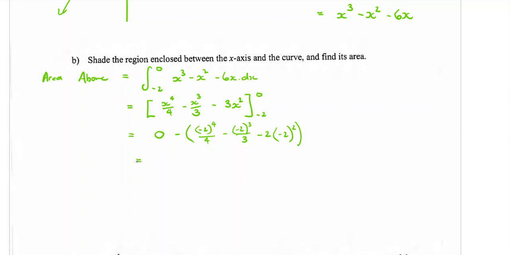Just be careful typing this stuff in. When you have even powers, the minus signs aren't important. You can just type that in as 2 to the power of 4 and you'll get the correct answer. But odd powers, remember, will stay negative.